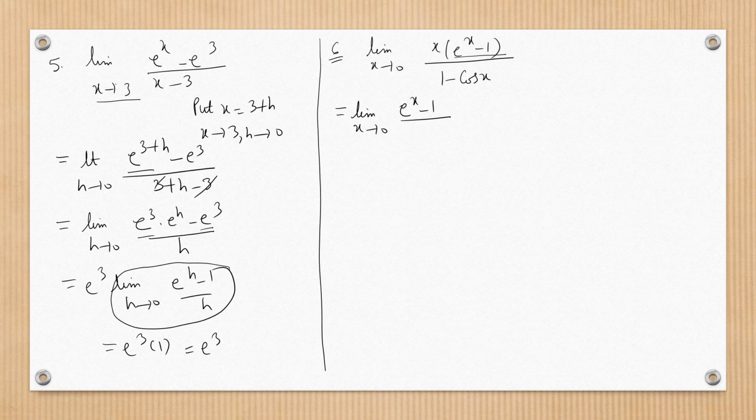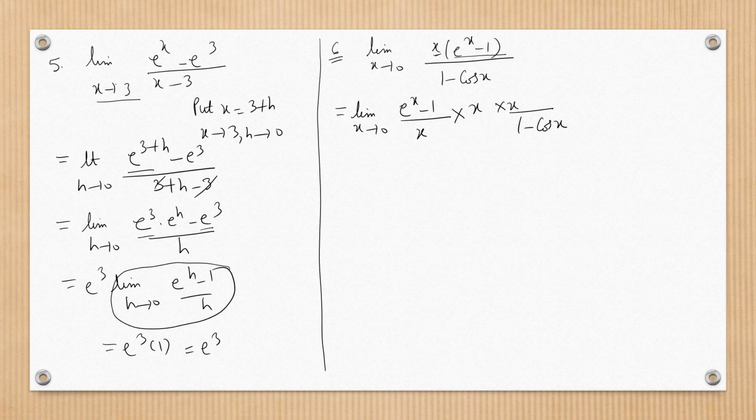It needs x, so give it an x in the denominator and multiply by the same. Earlier one more x was present here, and you were having 1 minus cos x. I cannot apply the limit 0 directly here. Why? Because it will be 0 by 0 form, as 1 minus cos 0 is 1 minus 1, which is 0.